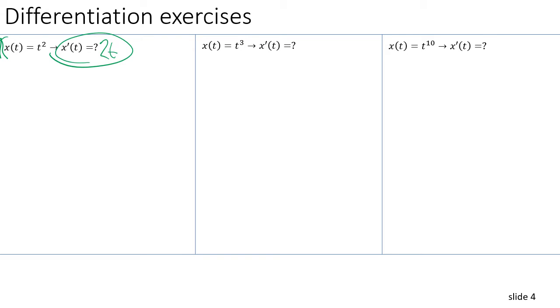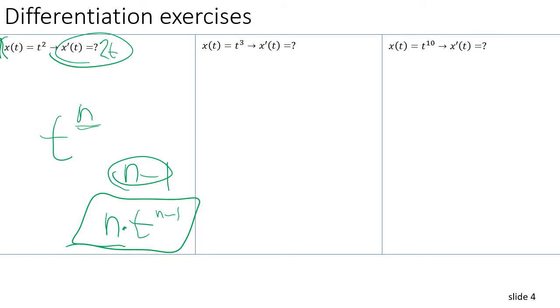The way to solve this is that you take the number that is the same as the exponent, multiply it to the variable t, and then you get another number that is the exponent minus 1, and set this number as the new exponent. This is your derivative.